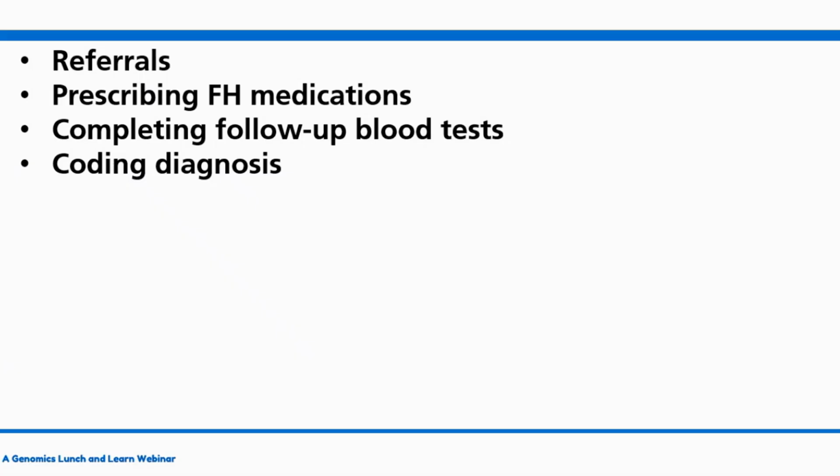For positive patients, the next step would be for the FH services to ask GPs to kindly prescribe the relevant FH medications, which is usually a statin to begin with, but other medications may also be required. We also kindly ask for follow-up blood tests to be completed, please.